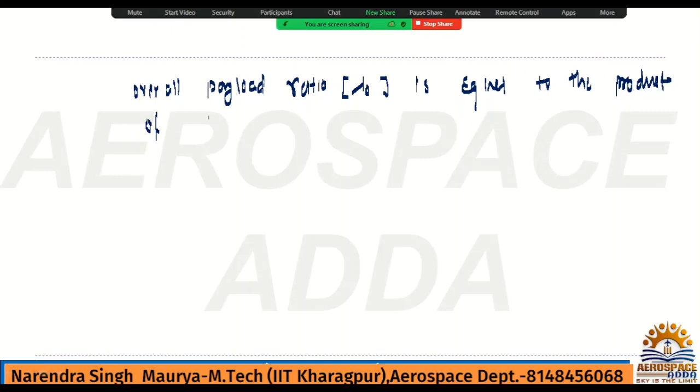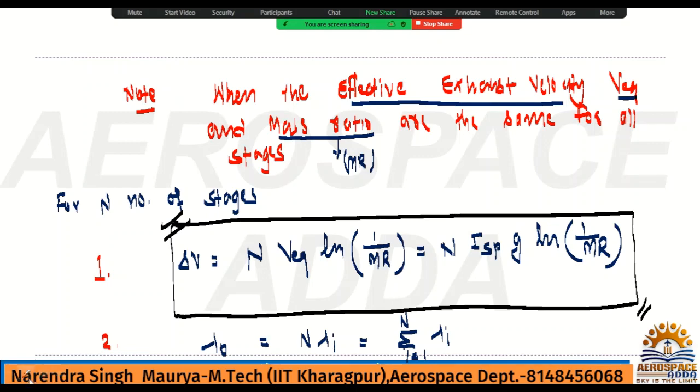Here I just need to correct this symbol.